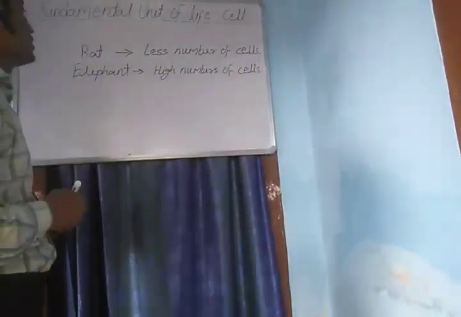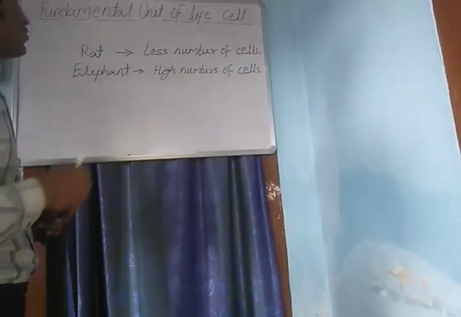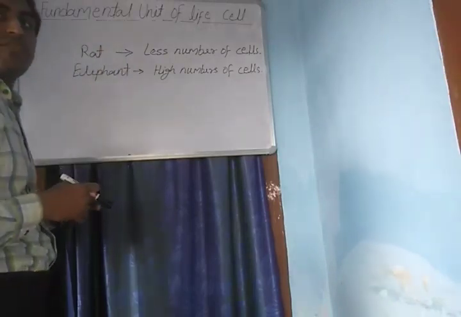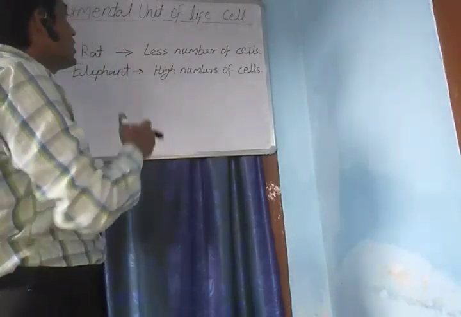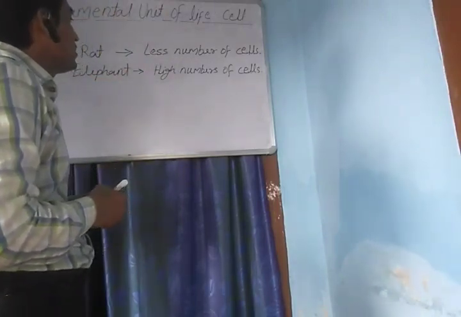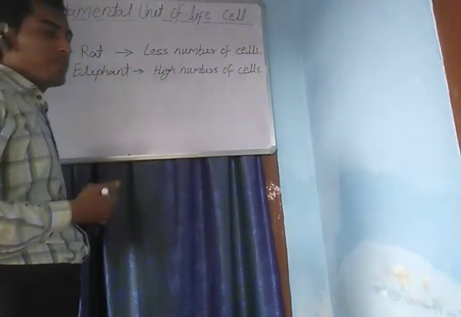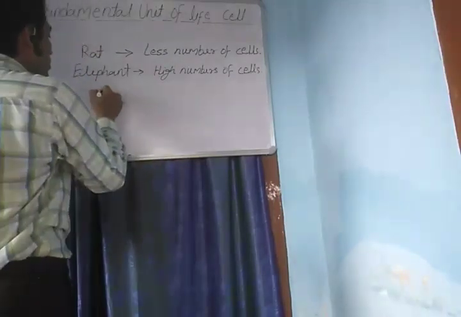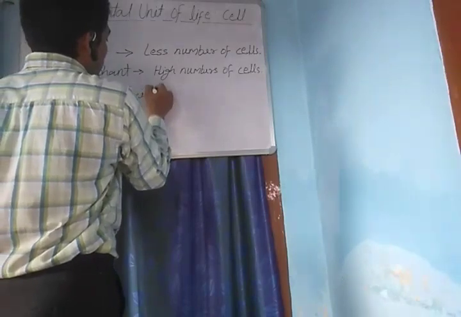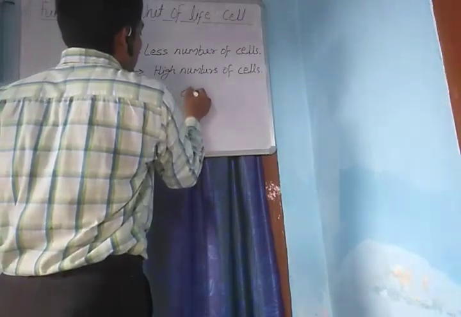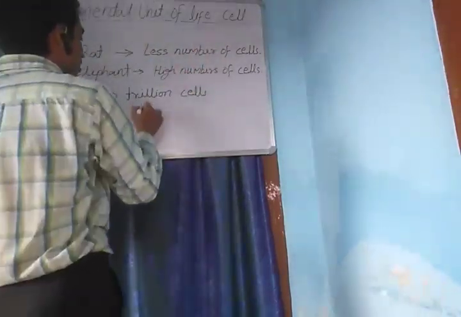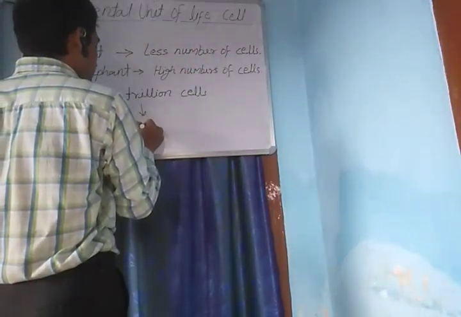So we know the number of cells defines the size of an organism, and we will be surprised to know that about 100 trillion cells are present in the human body.